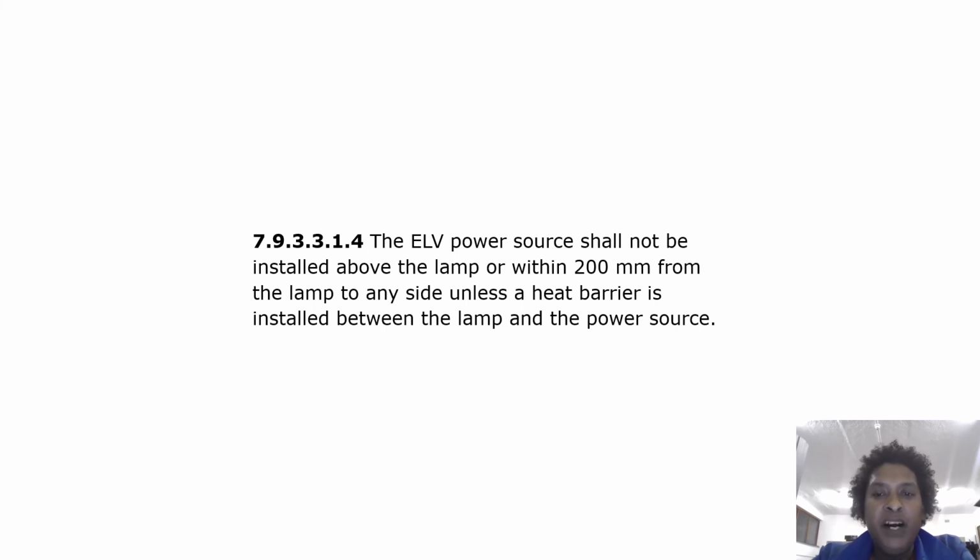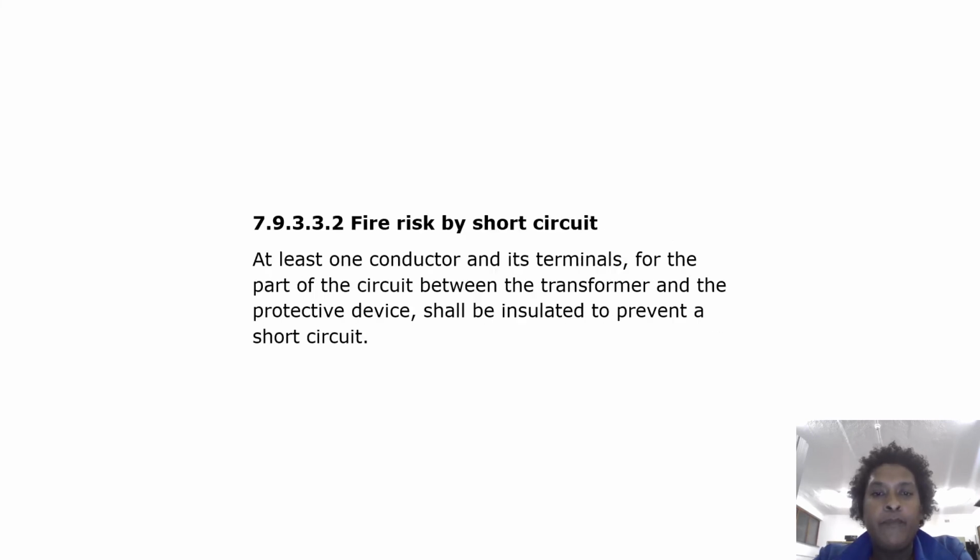The ELV power source shall not be installed above the lamp or within 200 millimeters from the lamp to any side unless a heat barrier is installed between the lamp and the power source. Fire risk by short circuit. At least one conductor and its terminals for the part of the circuit between the transformer and the protective device shall be insulated to prevent a short circuit.